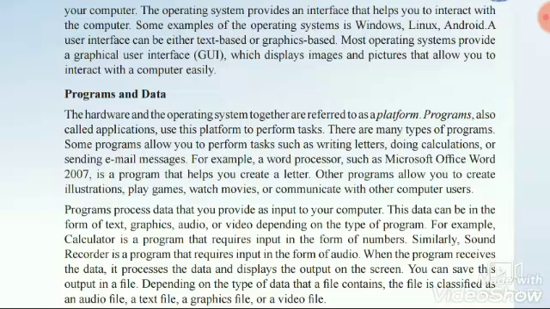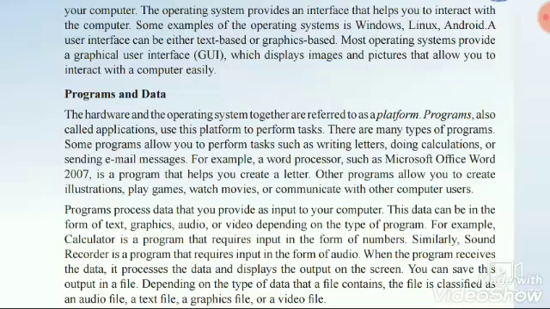For example, a word processor such as Microsoft Office Word 2007 is a program that helps us to create a letter, and other programs allow us to create illustrations, play games, watch movies, or communicate with other computer users. Programs process data that you provide as input to your computer.